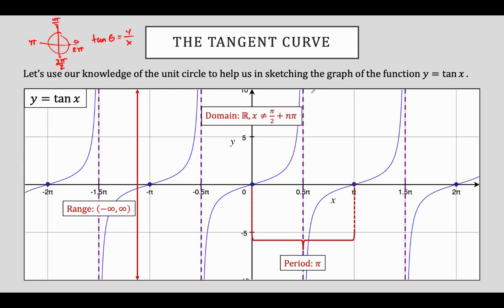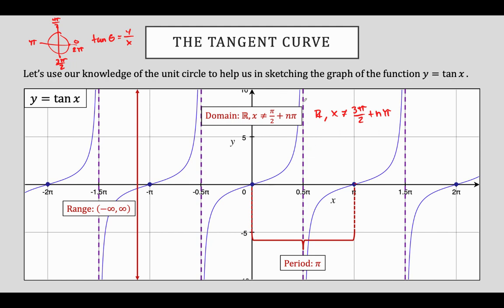Okay, now there's a bunch of different ways you could write this domain. We could have also said all real numbers except x cannot equal, and pick a different vertical asymptote, 3 pi over 2. Okay, here I have another vertical asymptote, plus n times however frequently they occur. They occur every pi units. So you can pick whichever vertical asymptote you want.